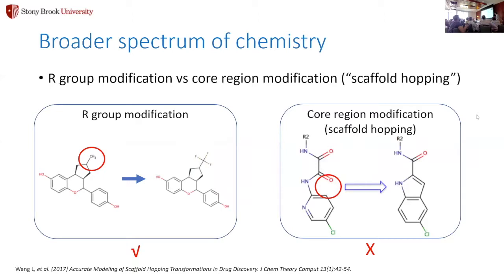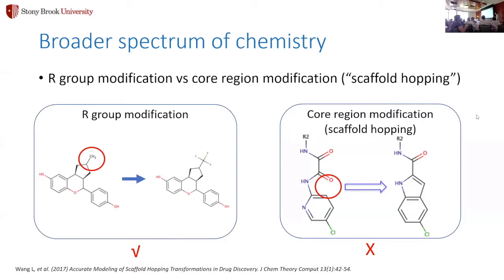One of the biggest issues for free energy calculation before is scaffold hopping. It's any chemical change involving bond topology change. Like this one, we have to break a formal bond here. For the cathepsin S data set, D3R just gave us R group modifications, modifications on the edge of the molecule.